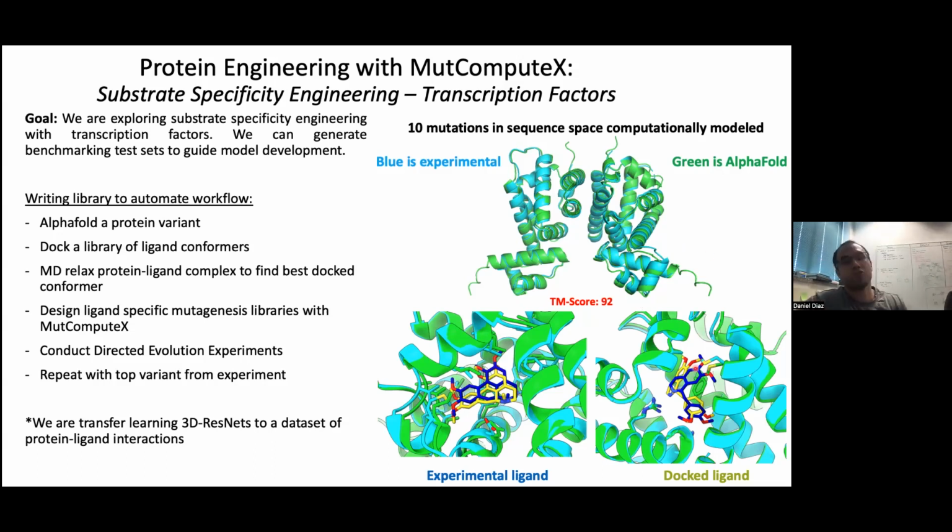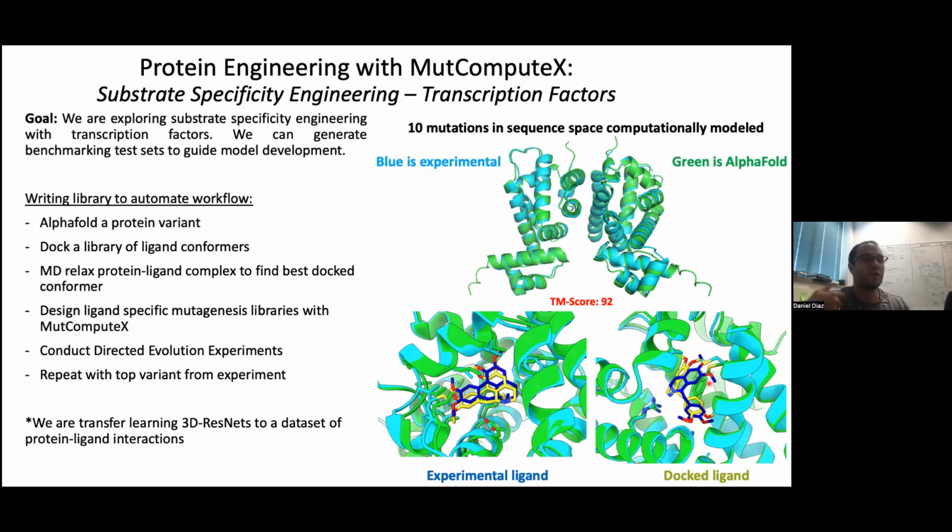You can see here 2 of those structures that were evolved to bind 2 very different ligands. You can see here in blue, this is a co-crystal structure. So this is experimental data of the evolved protein with its new cognate ligand. And you can see that we can AlphaFold the structure and then dock the new cognate ligand relatively accurately.